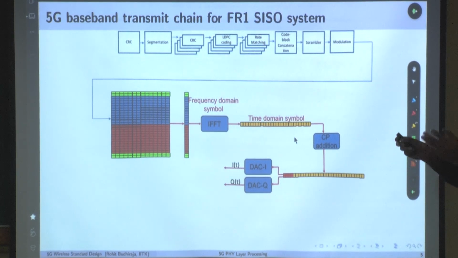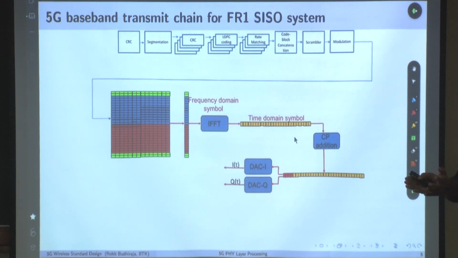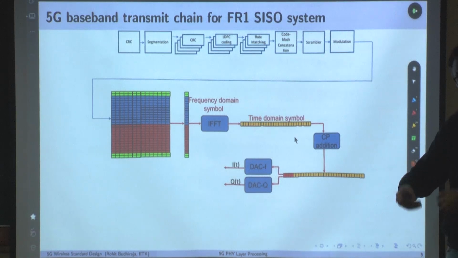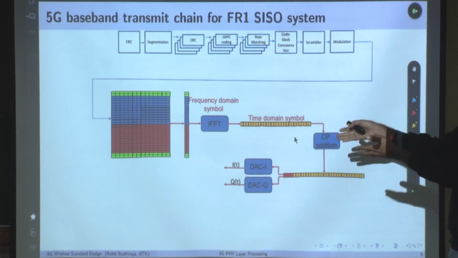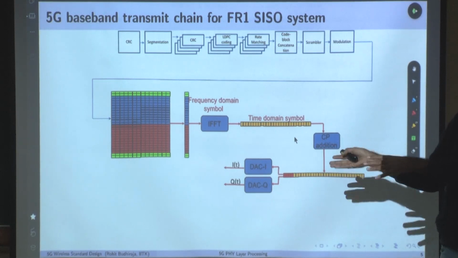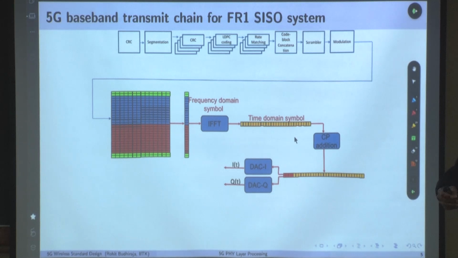I'm beginning with the SISO system, because I have to build on this MIMO, how it was conceived for FR1 and how it becomes different for FR2. You should not be surprised why I'm coming back to the SISO system, because it's good to start from the fundamentals and then understand why the architecture of the FR2 system is slightly different.